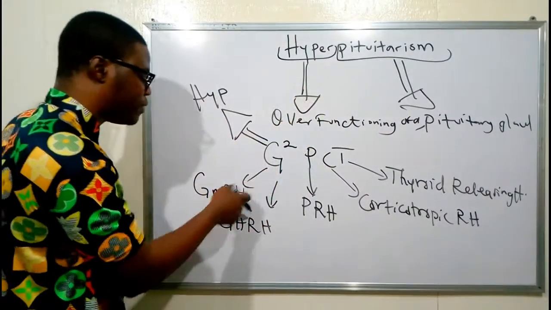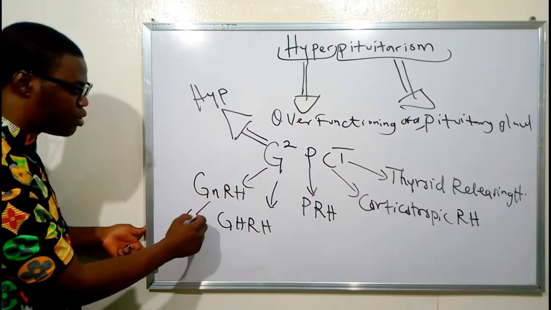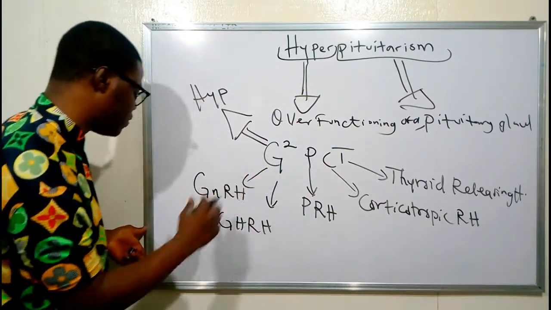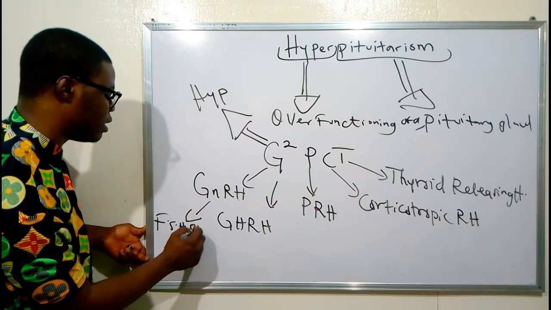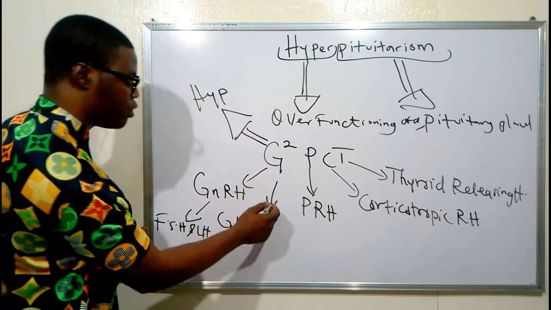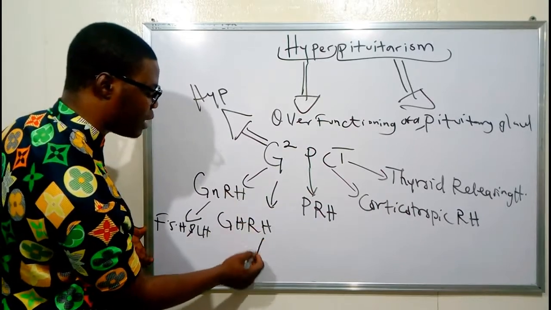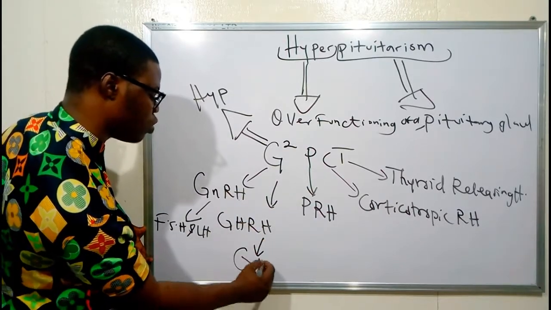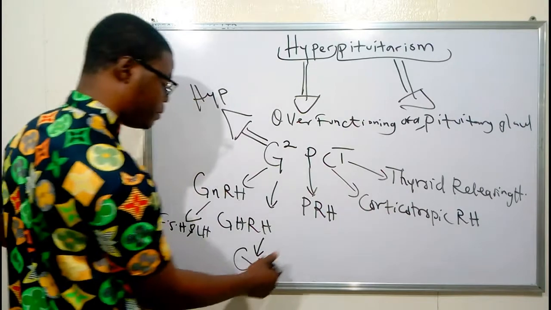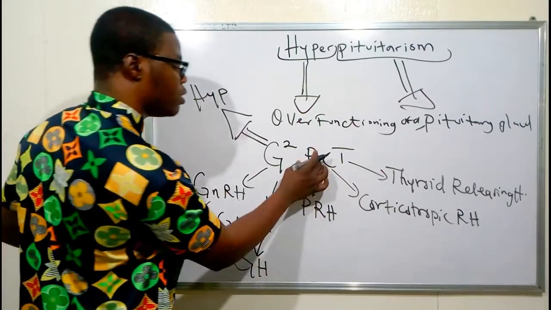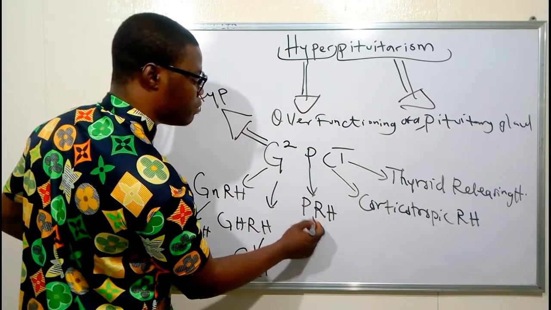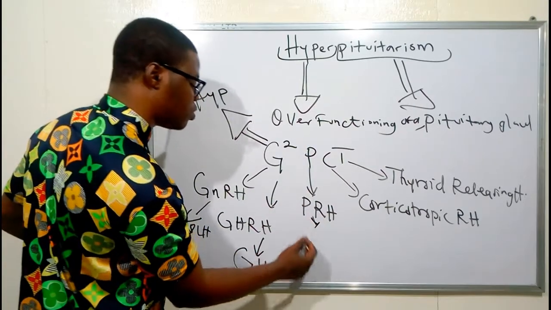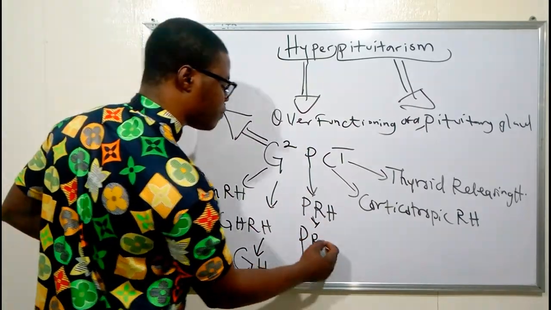So the gonadotrophin releasing hormone acts on the pituitary, which in turn is going to secrete FSH and LH. For the growth hormone releasing hormone, the pituitary is going to secrete growth hormone. In response to PRH coming from the hypothalamus, the pituitary is going to secrete prolactin.